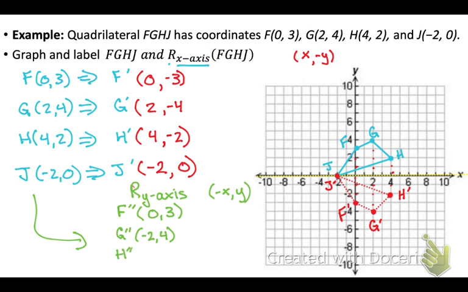H double prime? Negative 4, 2. And J double prime? 2, 0. So when we're done, it should be over here, yes?